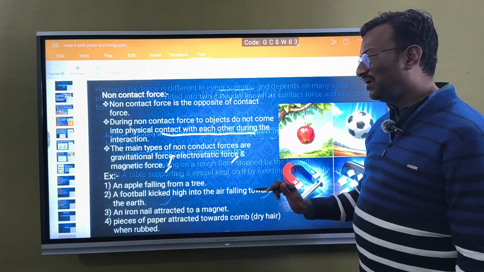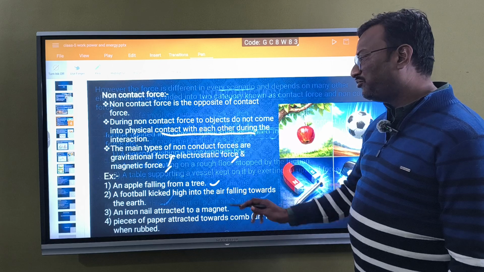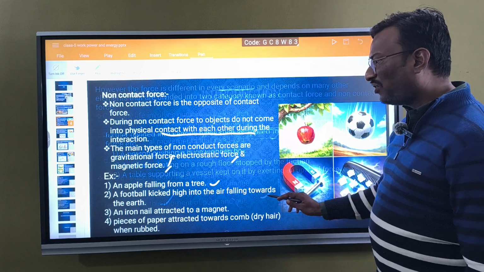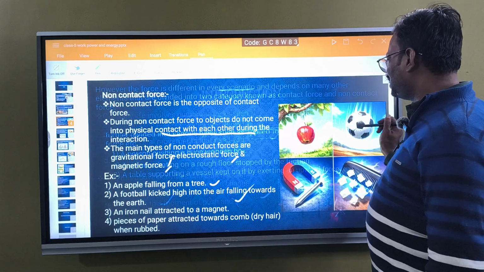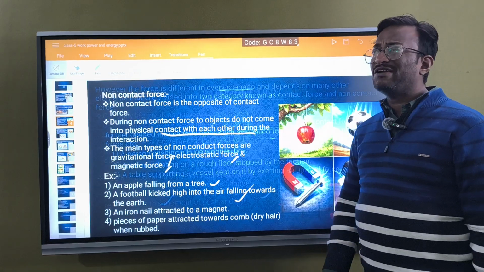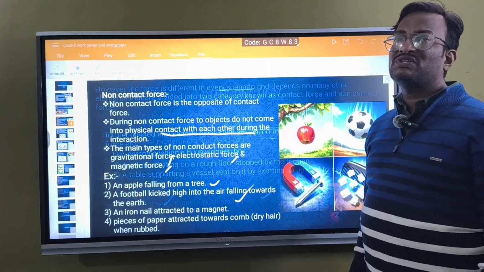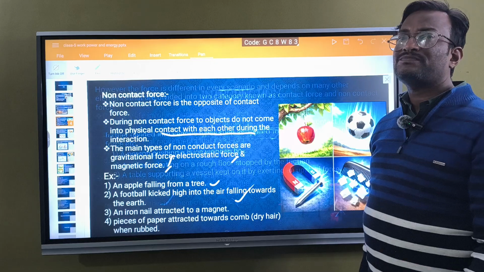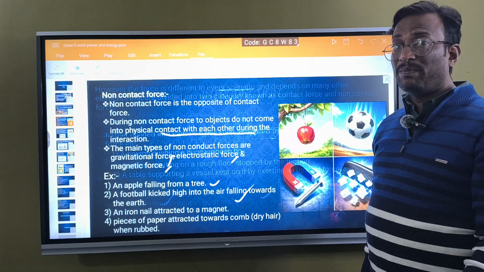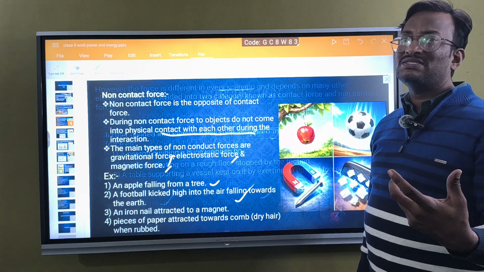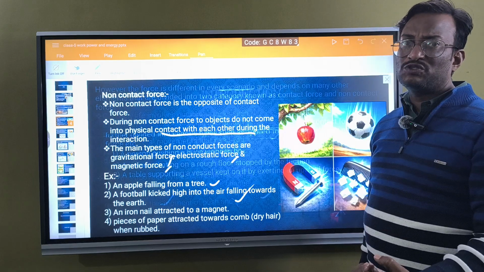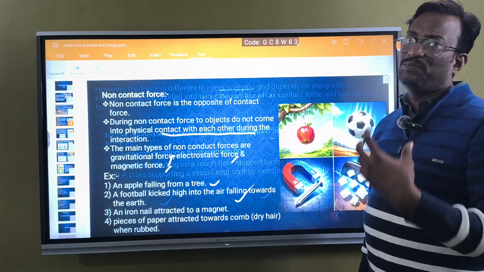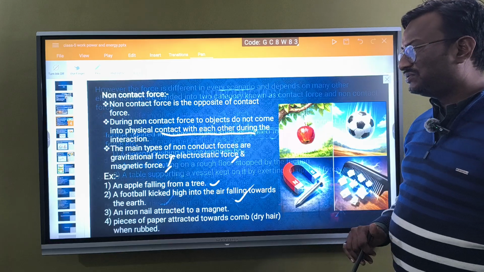So this is one of the non-contact forces. A football kicked high into the air, falling towards the earth. This is the second example. When we kick a football to some height, after some time the football reaches the ground by itself, because there is an attractive force between the earth and the football. So that is the non-contact force.